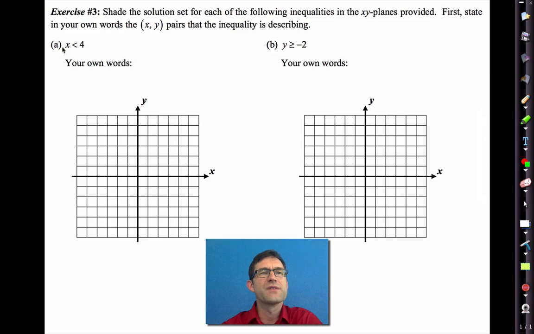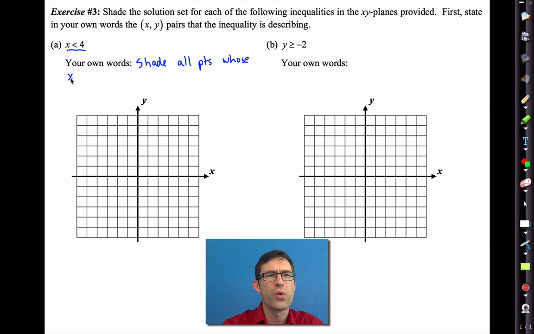So think about this for a minute, right? x is less than 4. What does that mean? So it means to shade all points whose x-coordinates are less than 4, right?